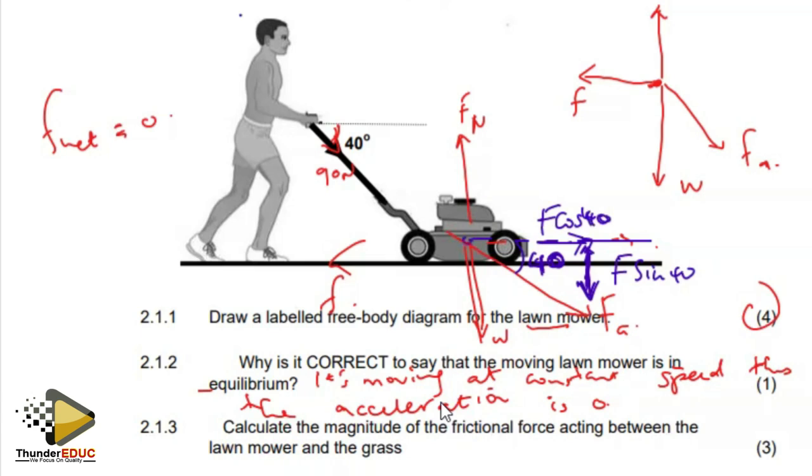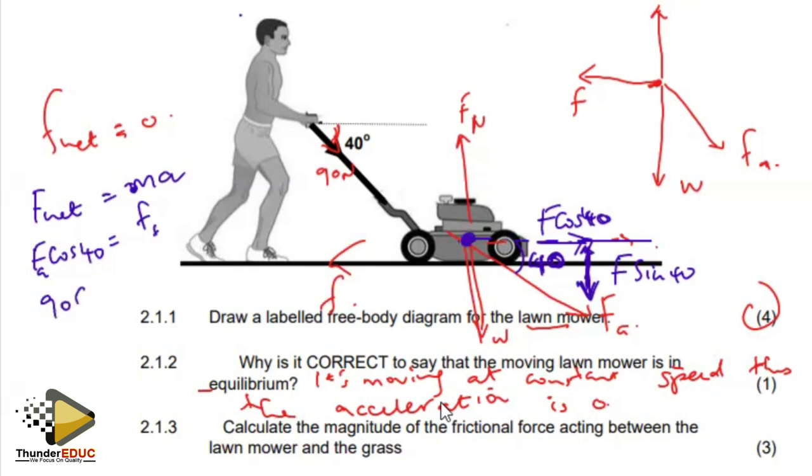Looking at the forces acting on the lawnmower horizontally, I can start by saying F net is 0, or F net is equal to MA. Then my F cos 40 should be equal to my frictional force.